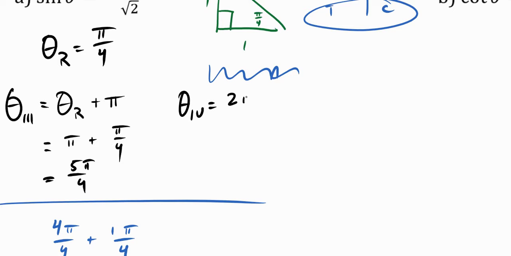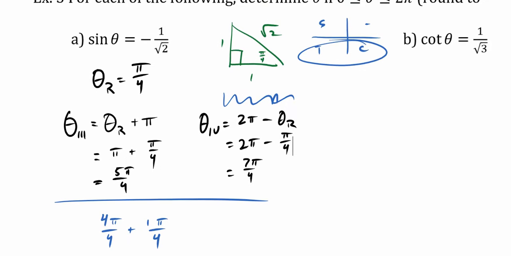So this is 2 pi minus theta related, which is 2 pi minus pi by 4. So what's that? 7 pi over 4. Very nice. Just thinking about the fractions, just 2 is like 8 minus 1 more, got 7. I mean, they are easy fractions, right? Not weird fractions.